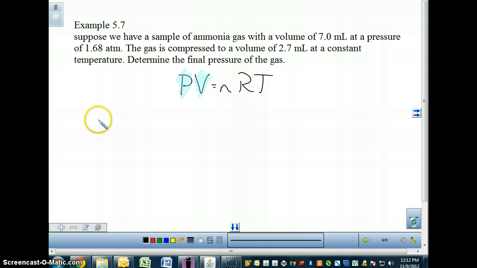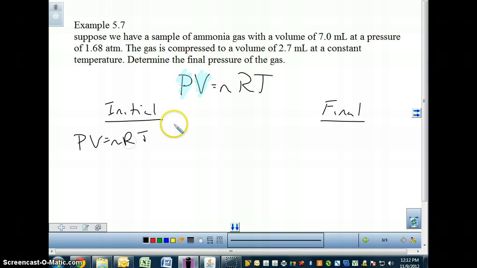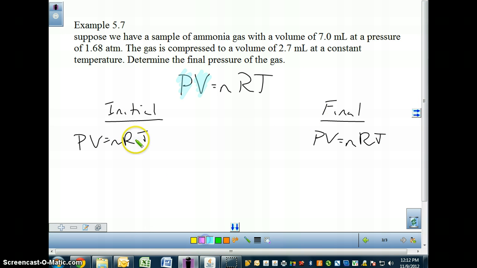Therefore, when we look at the initial and the final, if we were to look at PV equals nRT at both these times, this nRT, let me switch colors, this nRT and that nRT are the same.